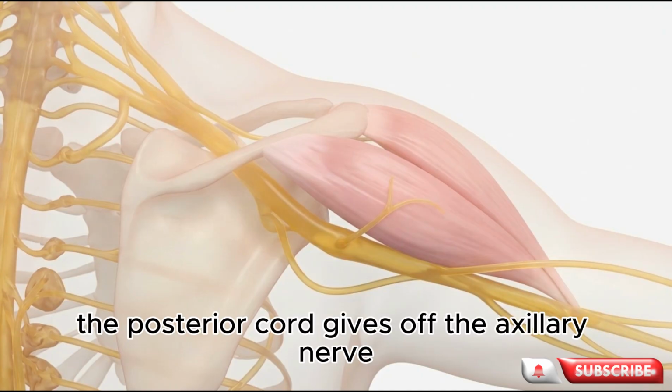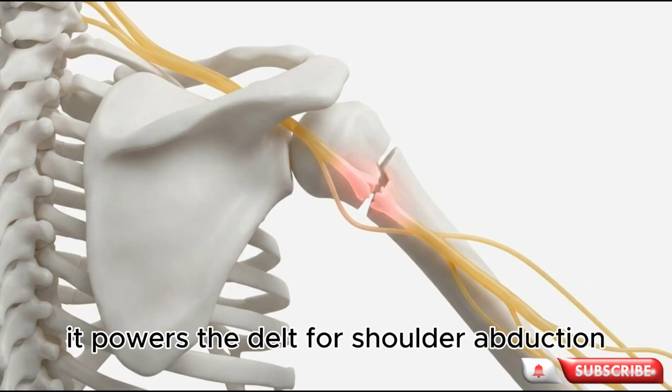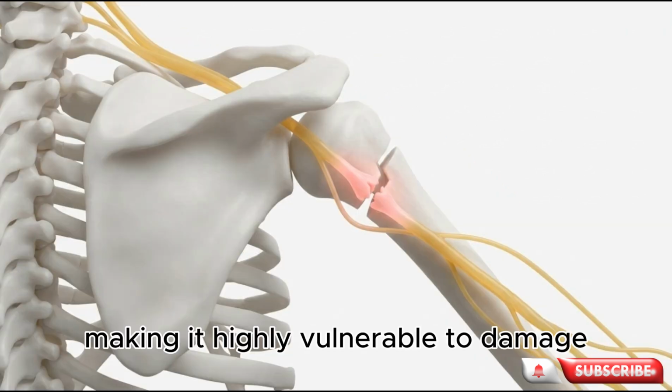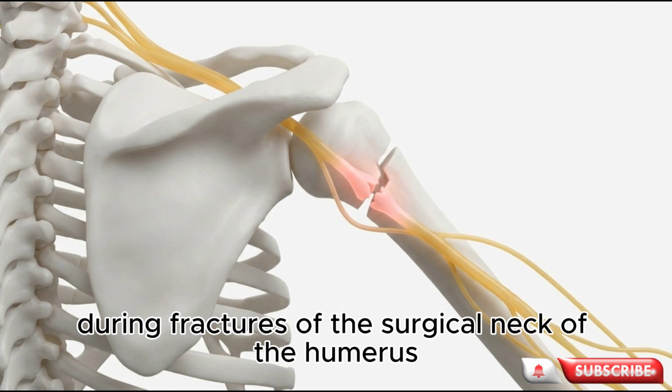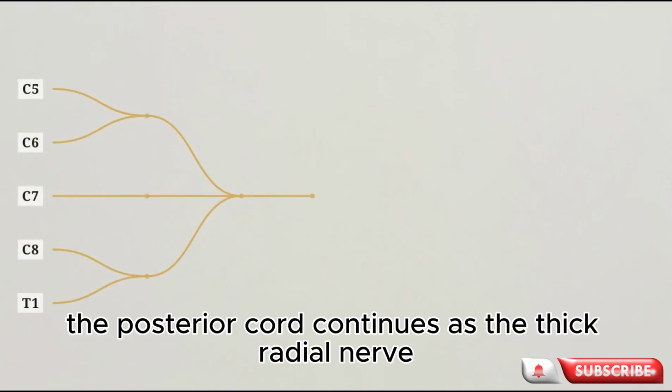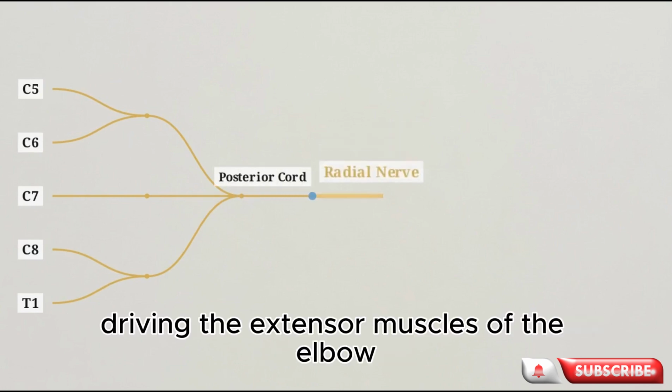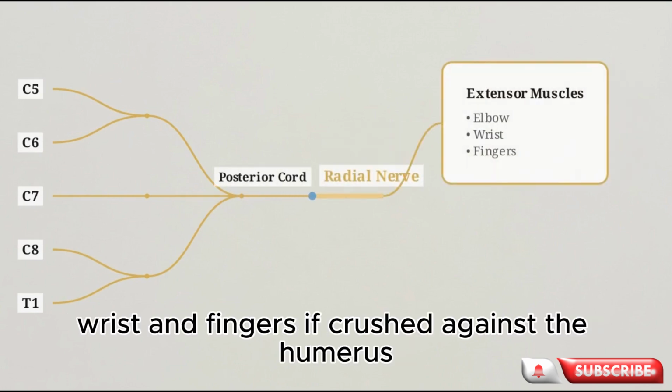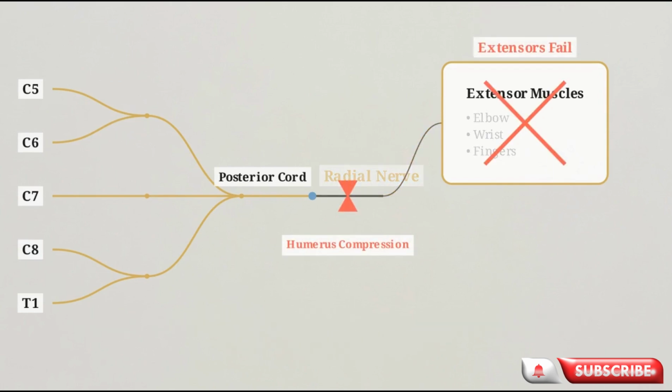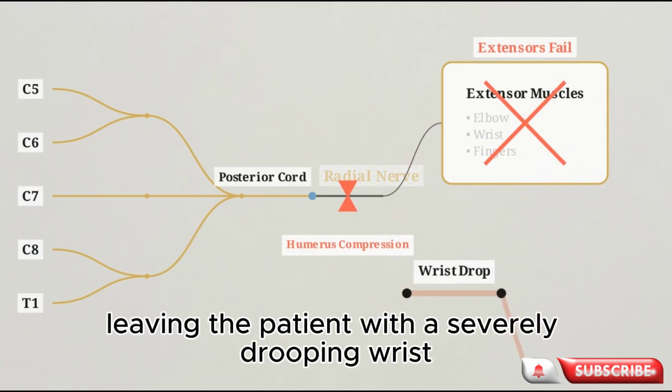The posterior cord gives off the axillary nerve. It powers the deltoid for shoulder abduction, making it highly vulnerable to damage during fractures of the surgical neck of the humerus. The posterior cord continues as the thick radial nerve, driving the extensor muscles of the elbow, wrist, and fingers. If crushed against the humerus, the extensors fail, leaving the patient with a severely drooping wrist.